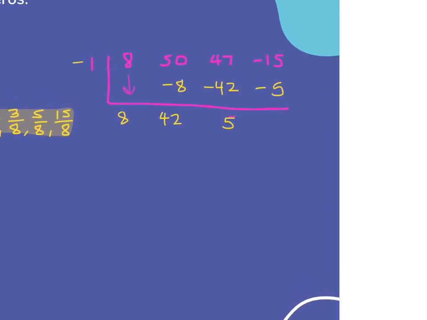Now I want to do 3. Oops. Eight, 24, 74. This is way too big already. 22. So I can try negative 3.